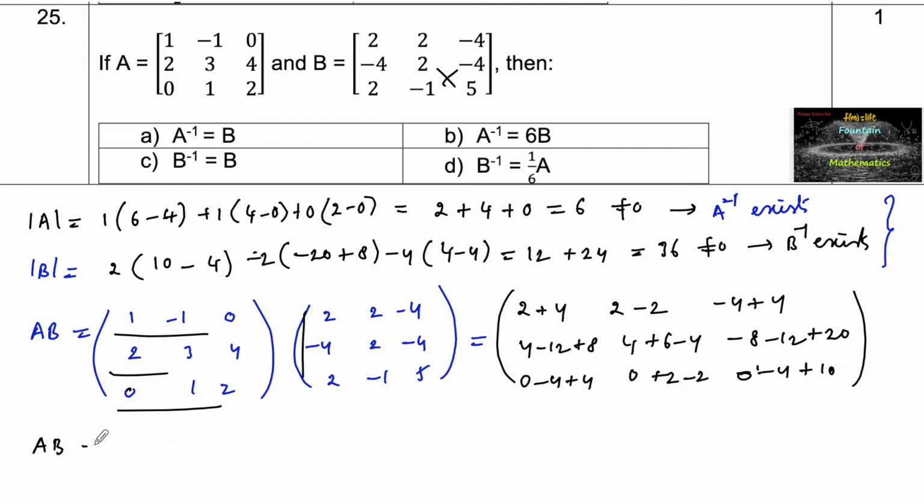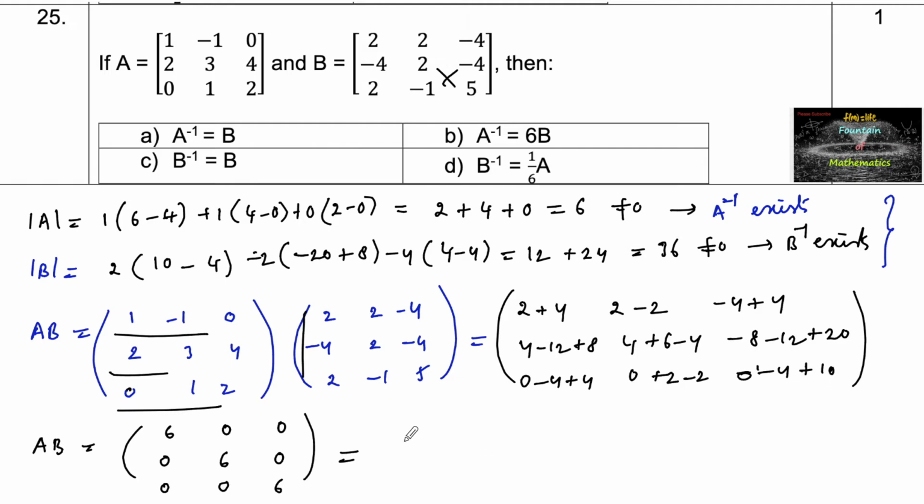So we are getting AB is equal to 2 plus 4, it's 6, 2 minus 2 is 0, minus 4 plus 4 is 0, it's 8 plus 4, 12 minus 12 is 0, and 4 plus 6, 10 minus 4, it's again 6. So again 20 minus 12 is 8, 8 minus 8 is 0, and here 0 and 0, and 10 minus 4, it's 6.